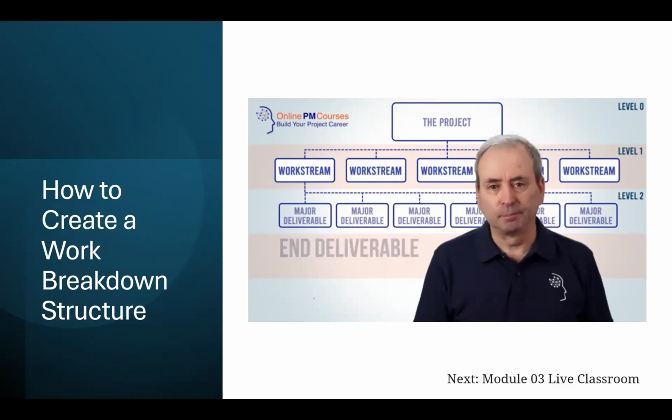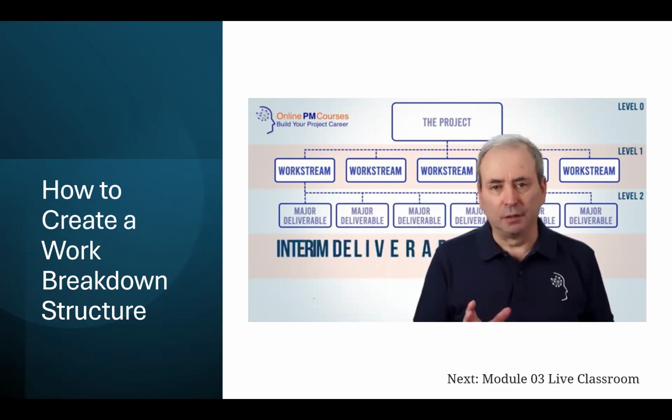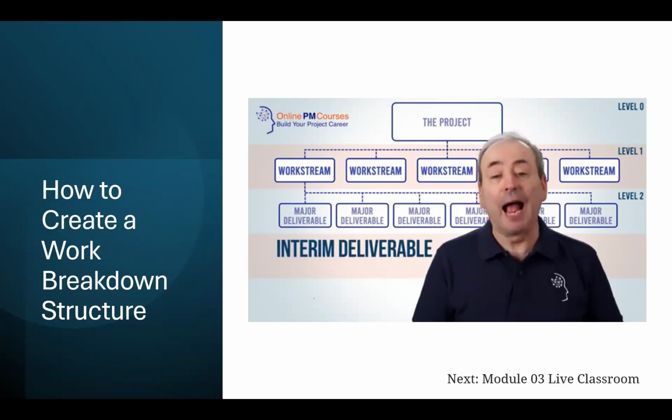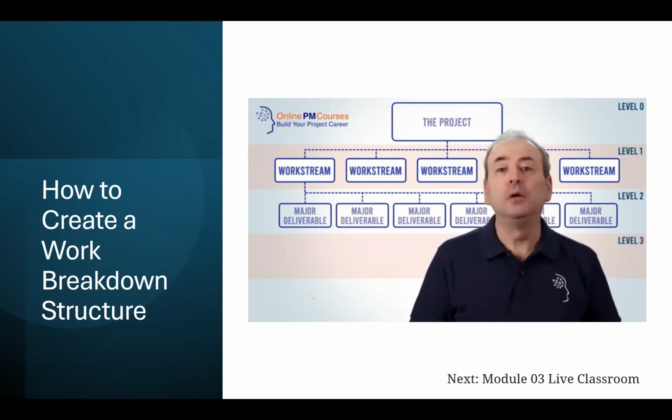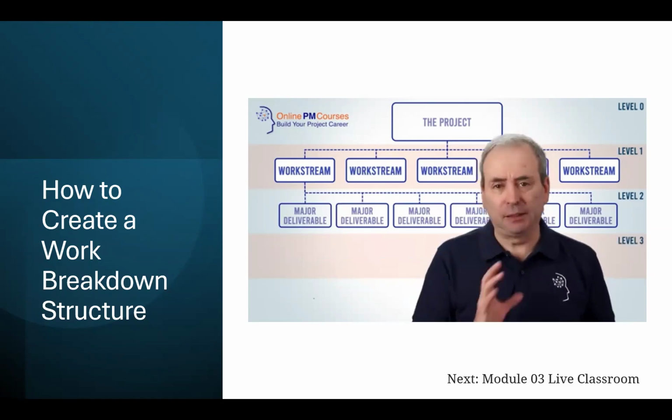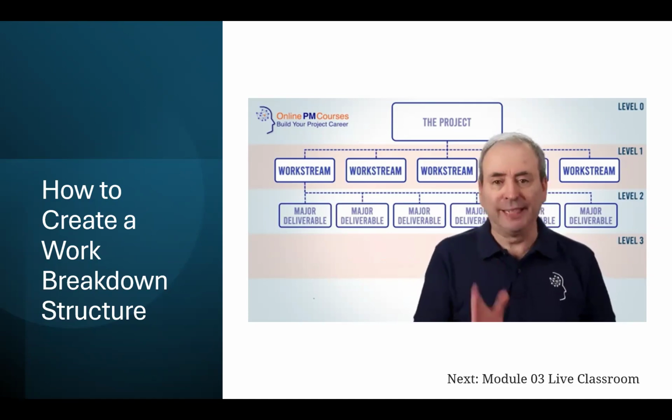The alternative is interim deliverables, and you may see some at level 2, but they are more likely to appear at level 3. But while we're at level 2, the key here is to use expertise, the experts on your project team, to identify the major end deliverables and the major interim deliverables.